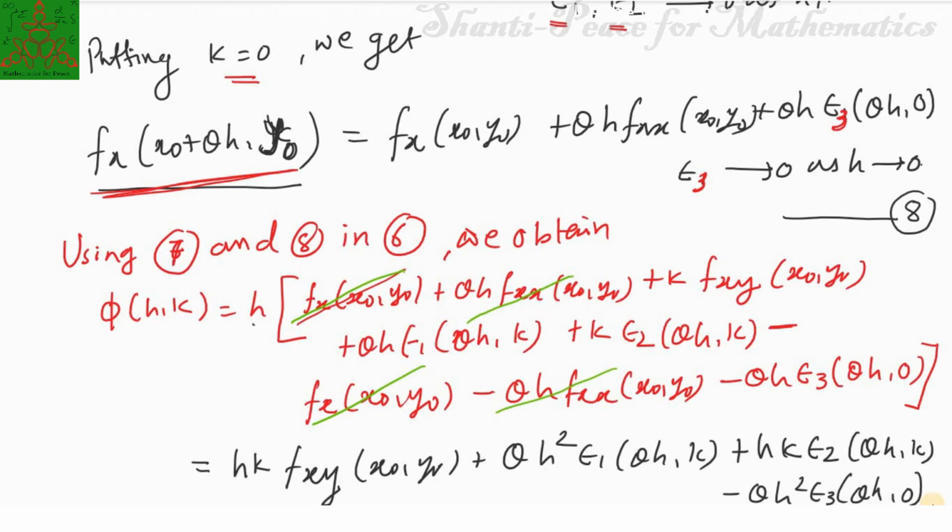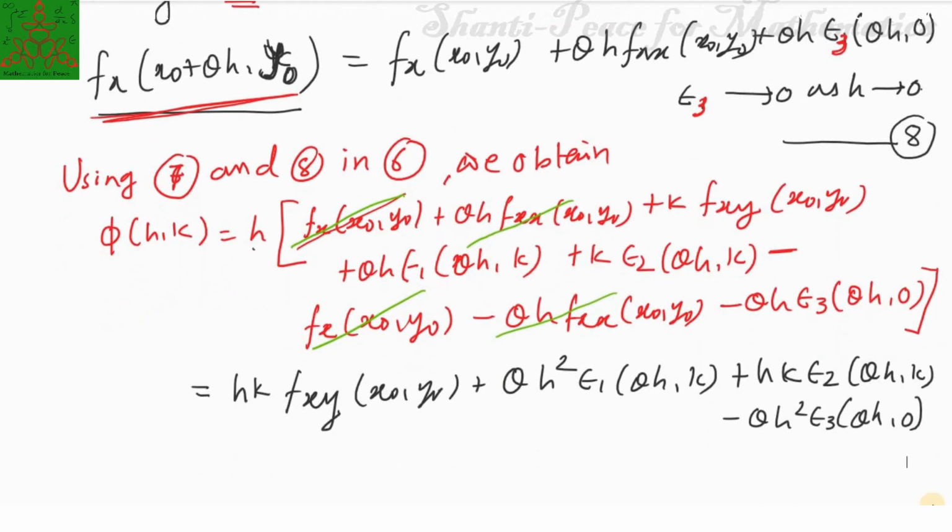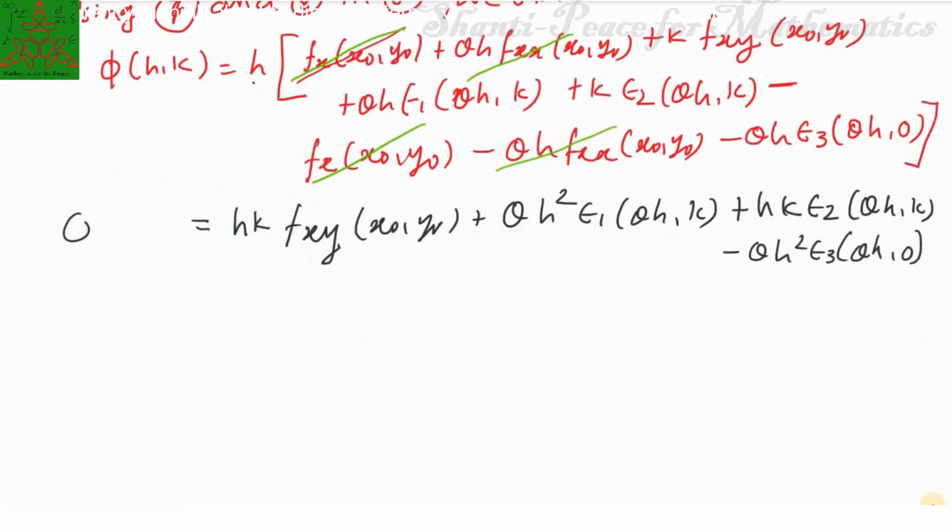Now this quantity I may express in this manner, that is, you just observe that if I replace this k by h in this, so that's why this side we'll have phi of h, h.